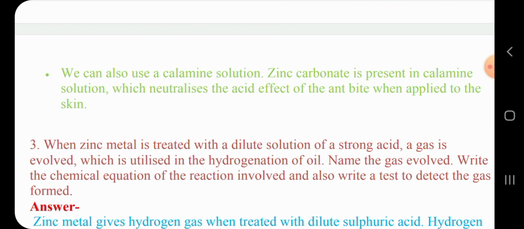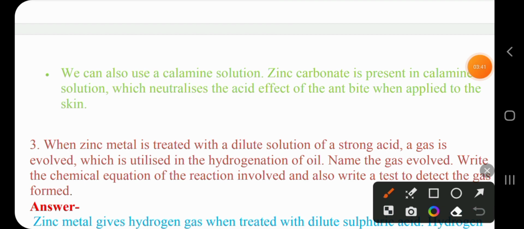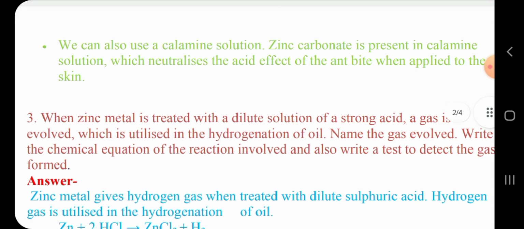Calamine is a zinc carbonate solution. So for relief from the ant sting, one is sodium bicarbonate solution, and the other is calamine solution.